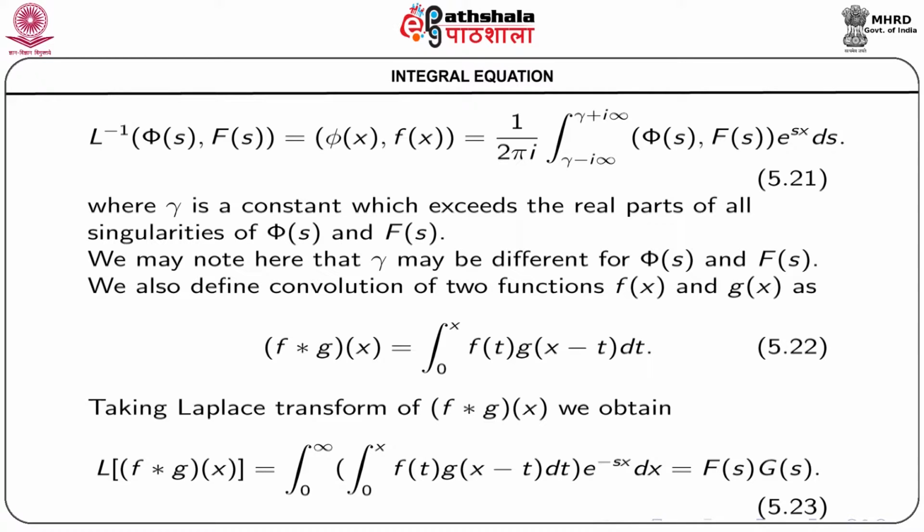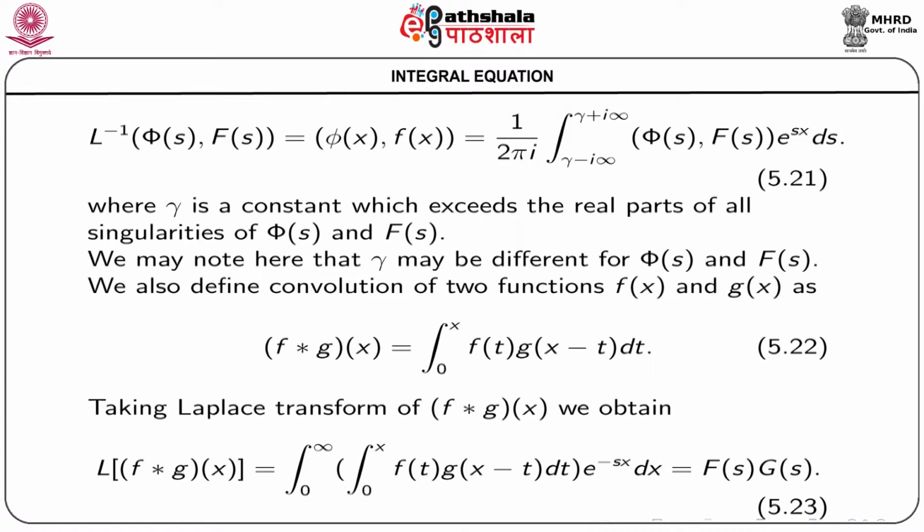Similarly, f x can be obtained by the inverse formula 1 by 2 pi i integral gamma minus i infinity to gamma plus i infinity f s e to the power sx ds. Here i is the imaginary unit and gamma is a constant which is greater than the real parts of all singularities of capital phi s and capital F s.